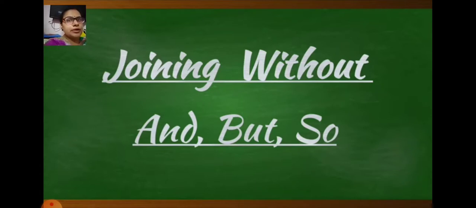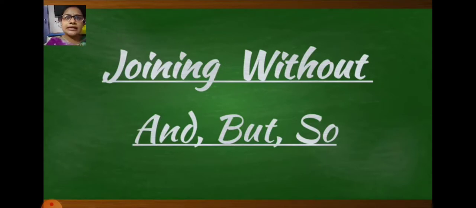Now open your book and come to page number 50. Again the same kind of exercise is given. Then come to page number 64, and again the same kind of exercise is there.